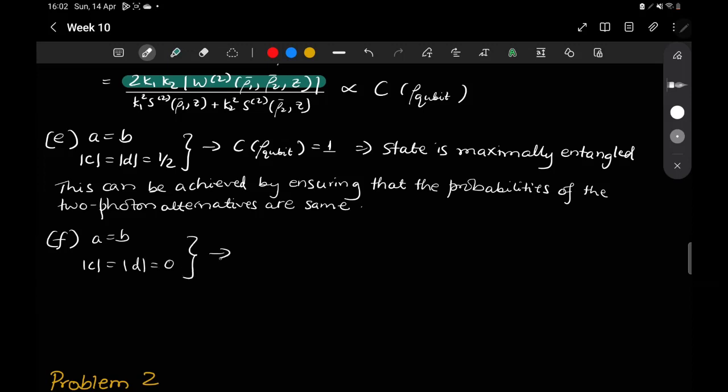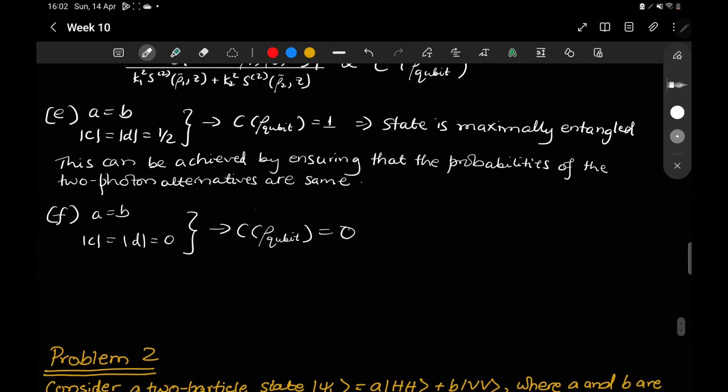In this case, the concurrence will be 0, because concurrence is 2 mod C and mod C is 0, so concurrence is 0. So this means state is not entangled, or separable.